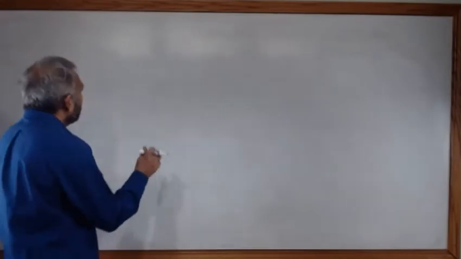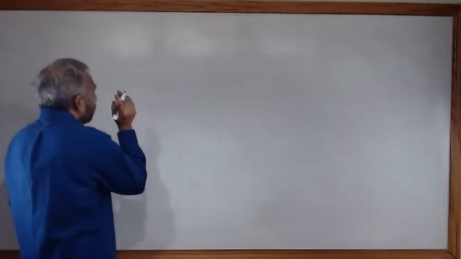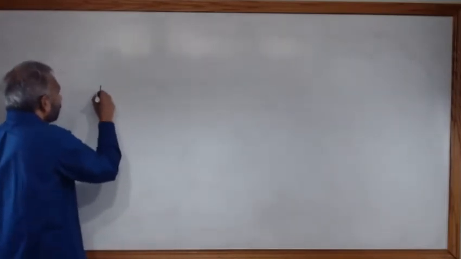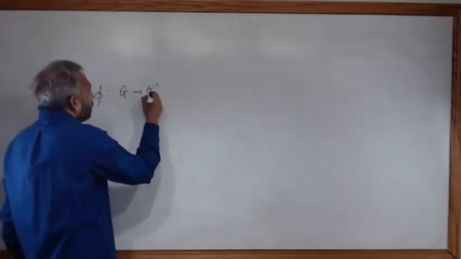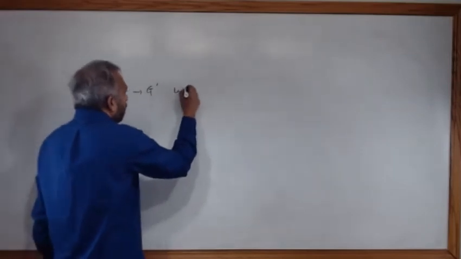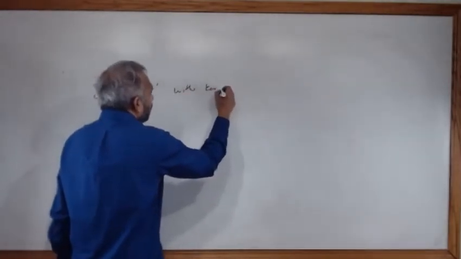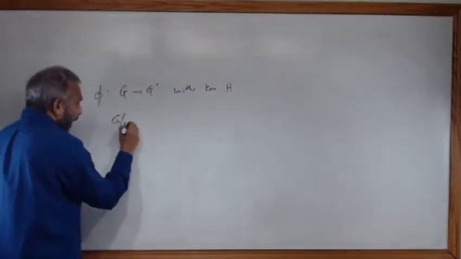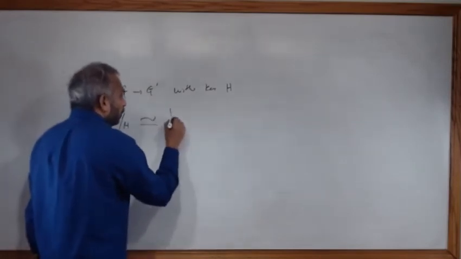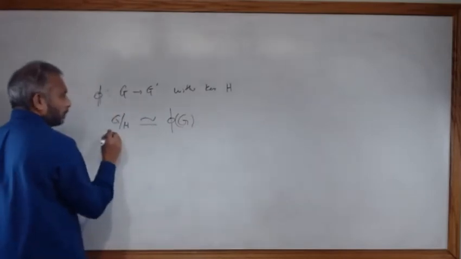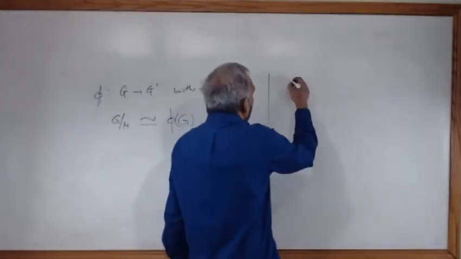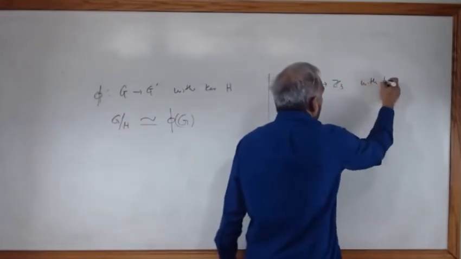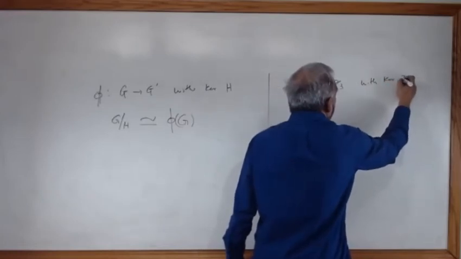One more thing we want to note is that if you are building the factor group using a homomorphism phi from G to G prime with the kernel H, then G over H is isomorphic to phi of G. In the earlier example, phi was from Z to Z3 with kernel 3Z.